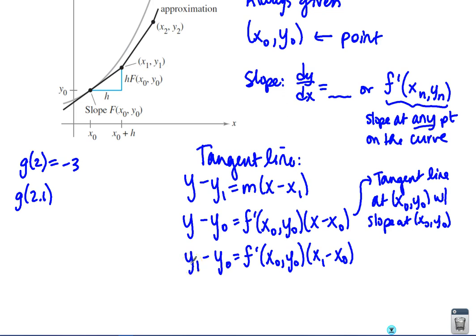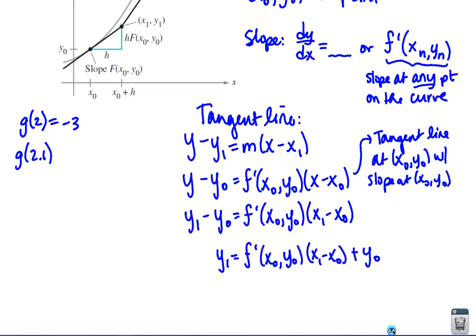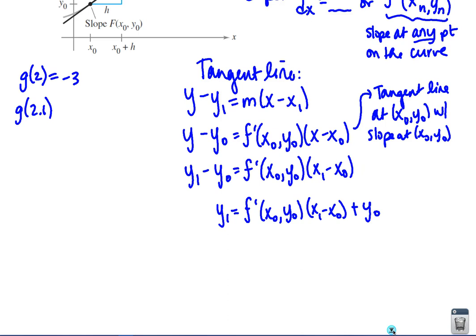Now if I wanted to just solve for y1, y1 is going to be f prime at x naught, y naught times x1 minus x naught plus your previous y naught. That is how you would approximate your next point. Now, let's say I already have x1, y1, and now I want to approximate y2.